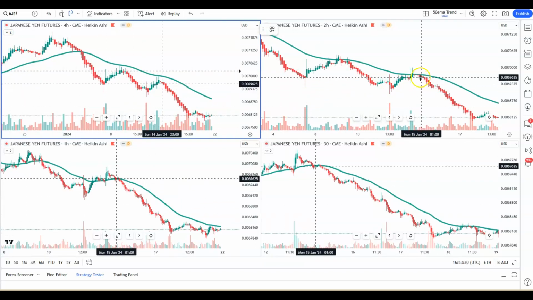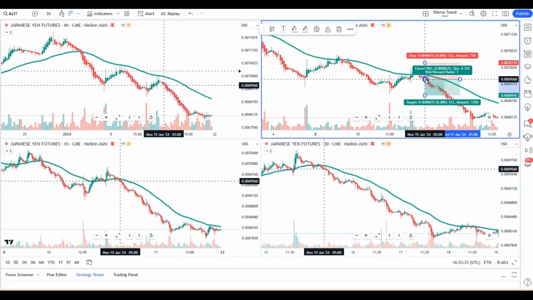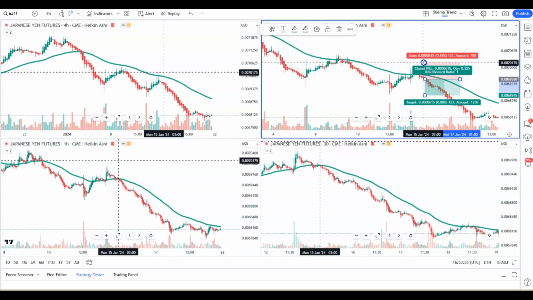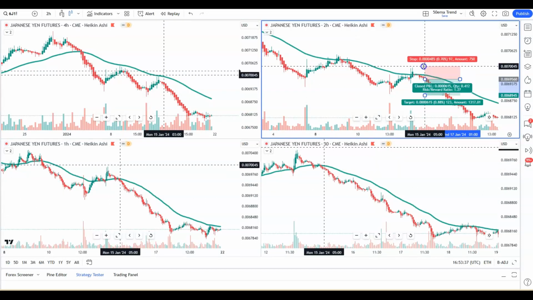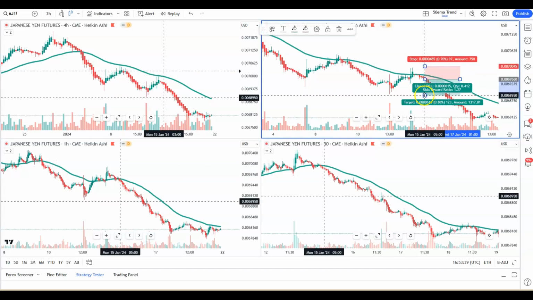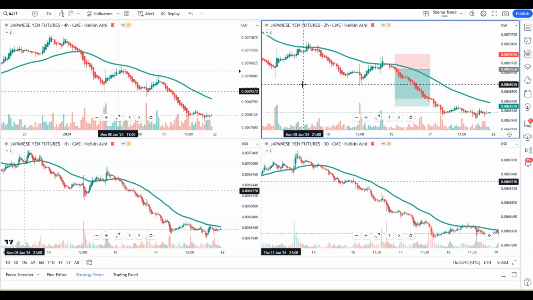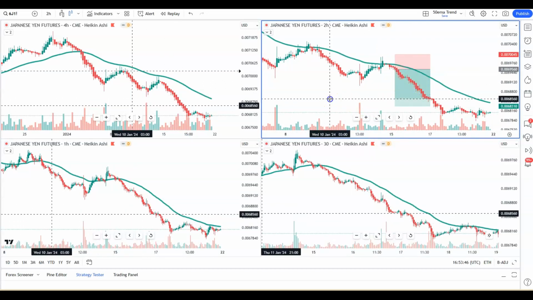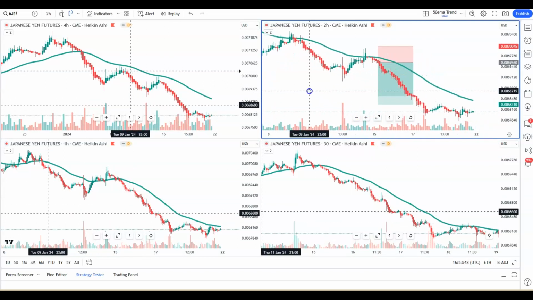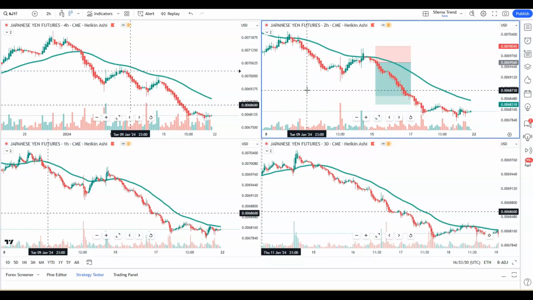You might put the entry there, and you put your stop above the previous high, somewhere like that, and a target to whatever your target might be once you've calculated. 2 to 1 is fine. The interesting thing about this, very quickly, because it's parabolic, it's moving very quickly.